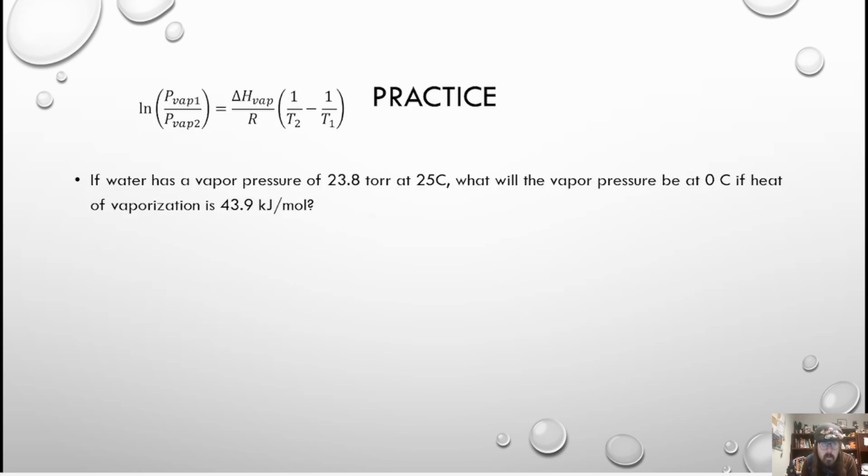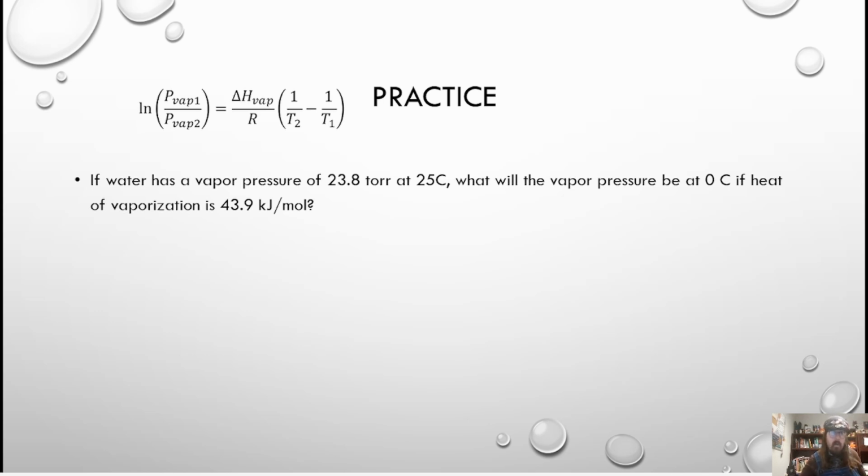So, we'll work on these two problems. Now, one thing to note, as long as your pressures remain the same, you can leave the pressures in whatever units you're given. You do not have to turn the units into something else.